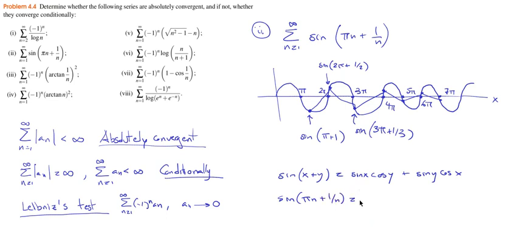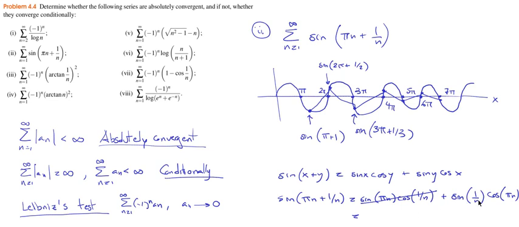So this is equal to the sine of pi times n times the cosine of 1 over n plus the sine of 1 over n times the cosine of pi times n, right? And the sine of pi times n is 0, right? All the zeros of the sine have this form. So this term goes to 0.